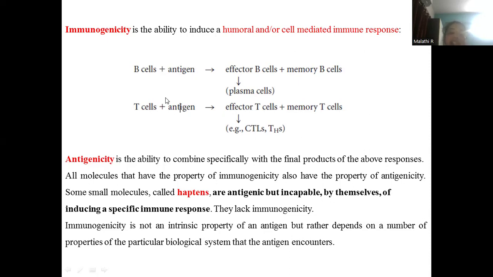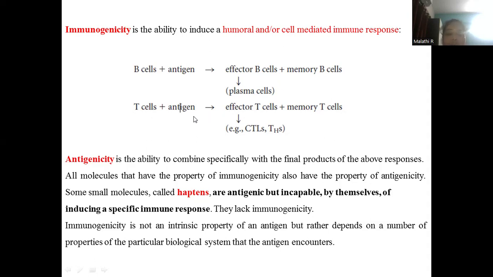In the same way, if T cells recognize the antigen, effector T cells will be produced along with memory cells. The effector T cells include cytotoxic T lymphocytes and T helper cells, and these cells go and neutralize the antigen. Antigenicity is the ability to combine specifically with the final products of the above responses.